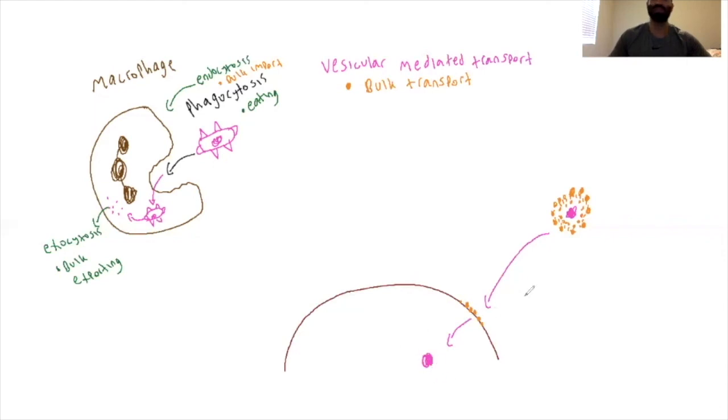And the same thing is going to happen with exocytosis. Now we're going to talk about a process, I believe it's chapter 8, called calcium-mediated exocytosis. So here we have, again, the vesicle fusing, and it is going to dump out the product. So this is exocytosis.